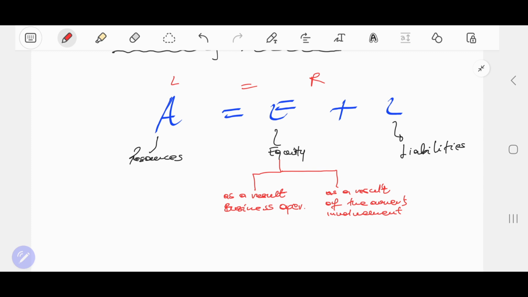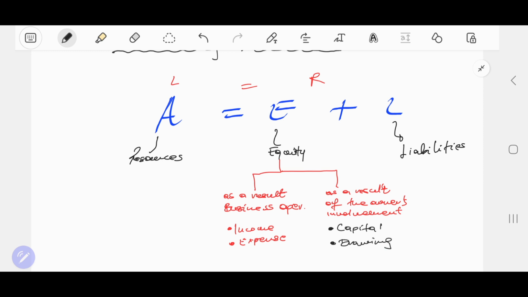Equity that is triggered as a result of business operations, there you are talking about income, and you are also talking about expenses. And then equity as a result of the owner's involvement in the business, here you are talking about capital and drawings.